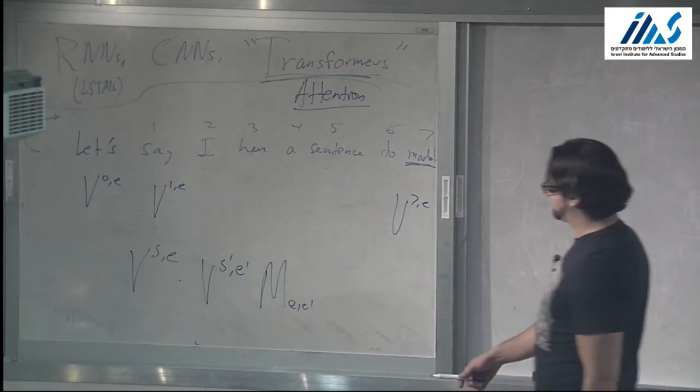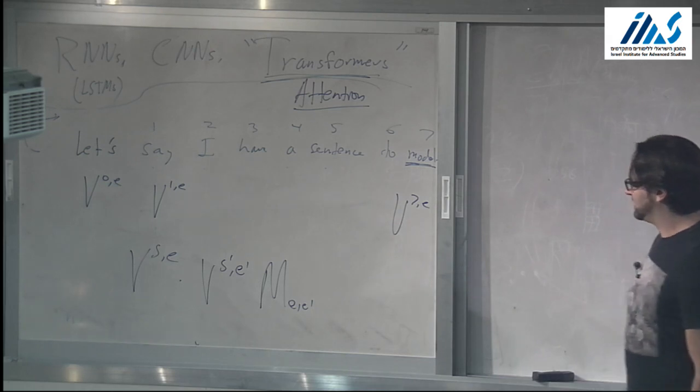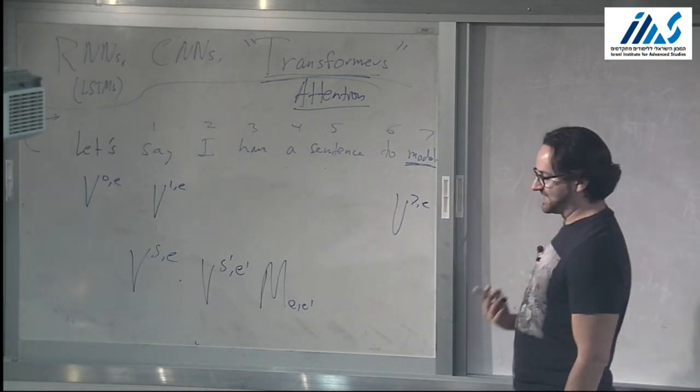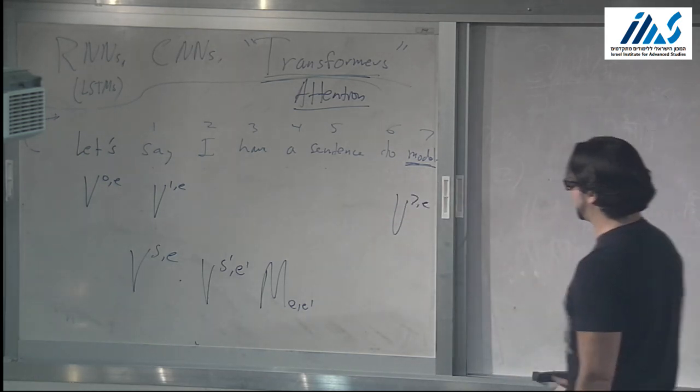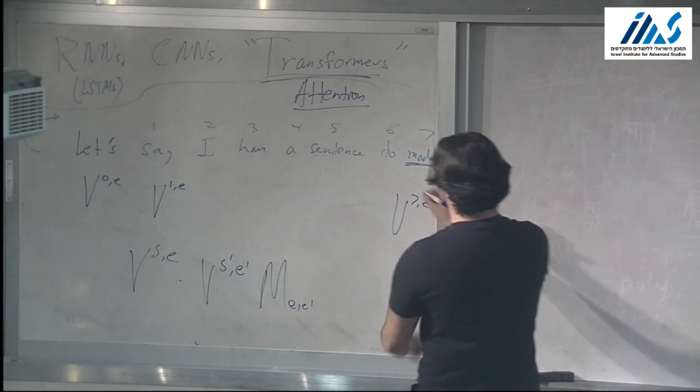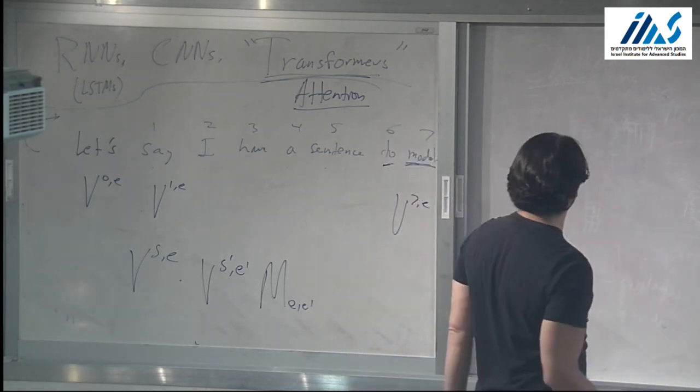But of course, it's probably more natural when talking about it at the end of the day to refer to this idea of attention. Okay, so what do I do? How do I talk about attention?